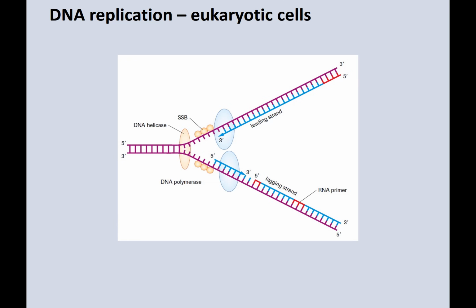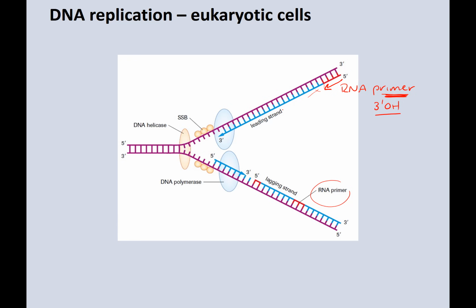Okay. DNA polymerase requires an RNA primer. What it really requires is a 3' hydroxyl group. So DNA polymerase cannot just start copying on its own like RNA polymerases can. In eukaryotic cells, our cells make an RNA primer using primase.